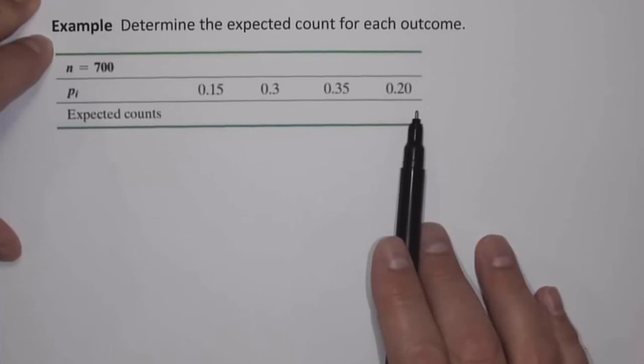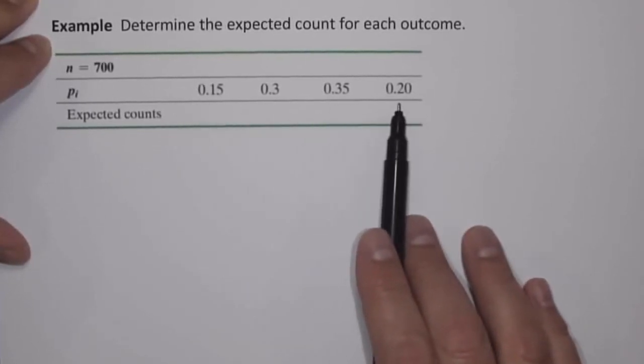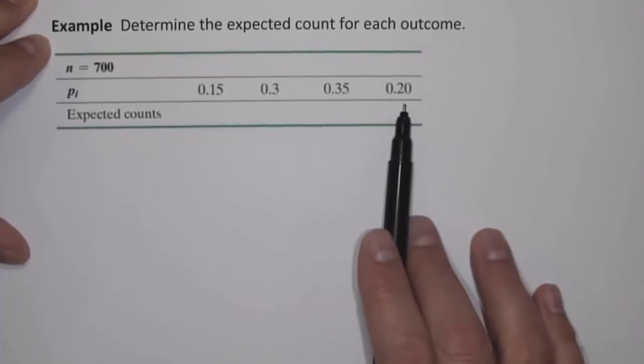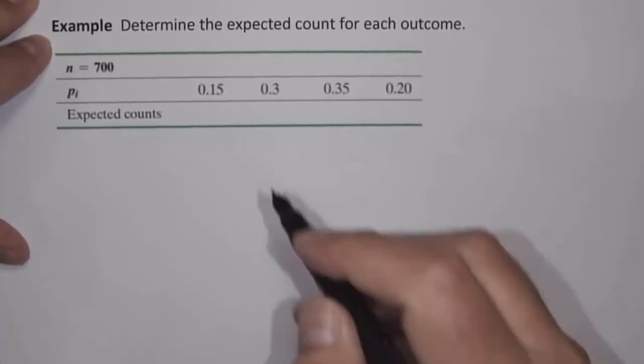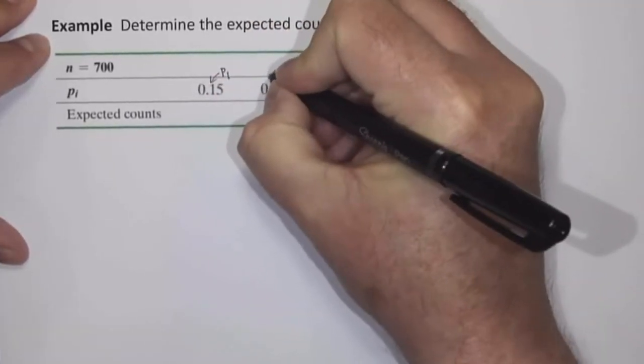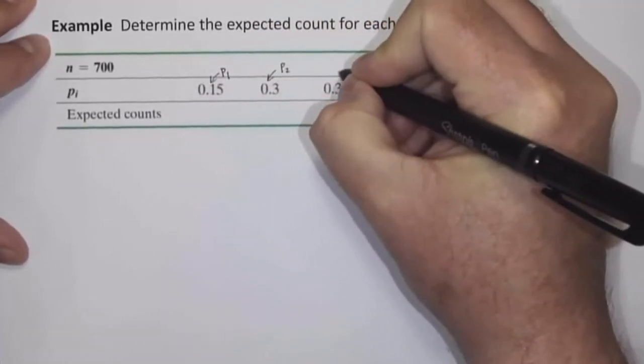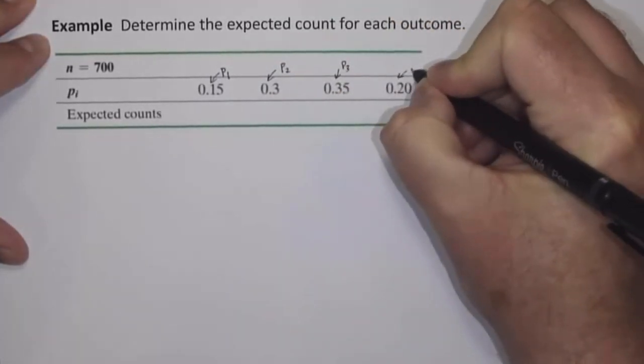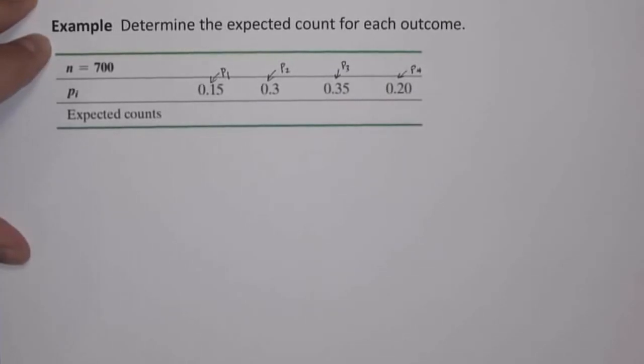So this is a probability distribution, and we are pretending here that this is the distribution that our scenario is supposed to be following. So again, this 0.15 would be P sub 1, the 0.3 is P sub 2, the 0.35 is P sub 3, and the 0.20 is P sub 4.